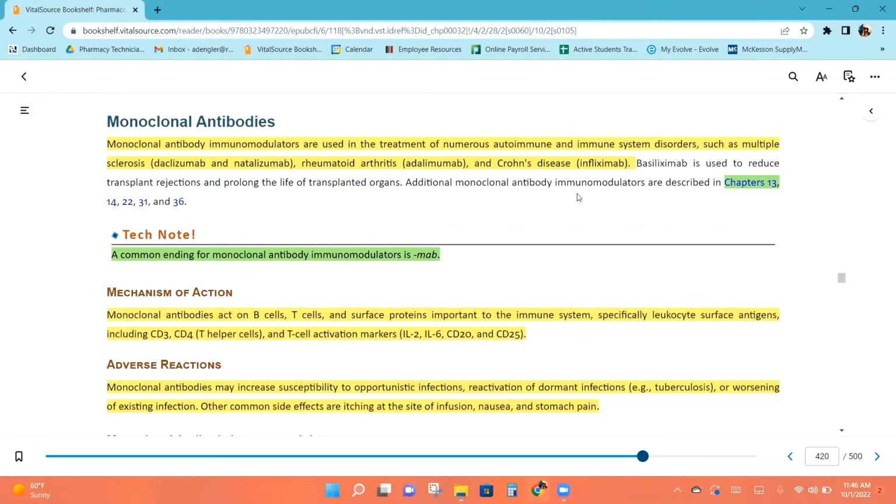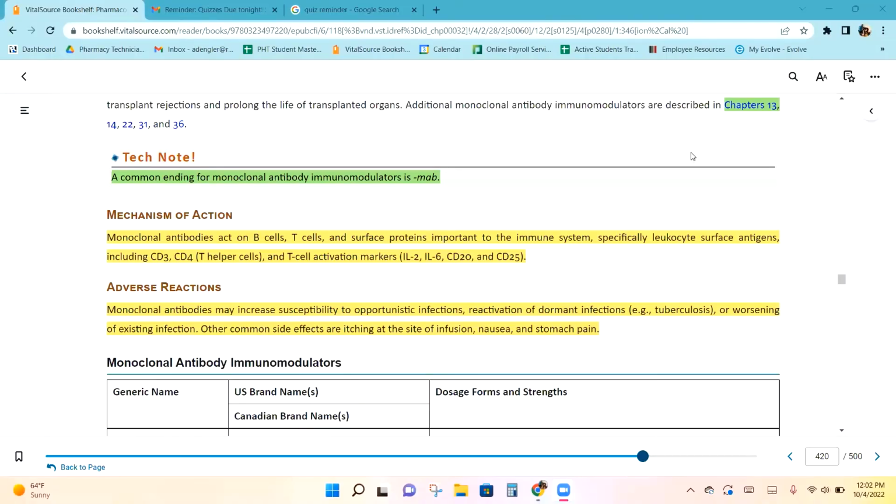Monoclonal antibody immunomodulators are used in the treatment of numerous autoimmune and immune system disorders, such as multiple sclerosis, rheumatoid arthritis, and Crohn's disease. A common ending for monoclonal antibody immunomodulators is MAB.